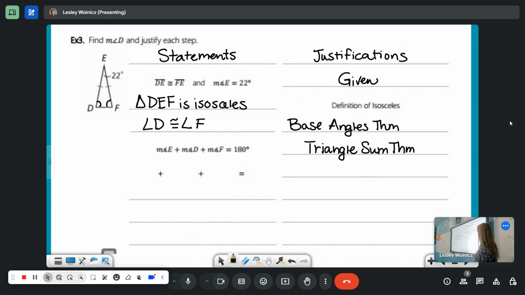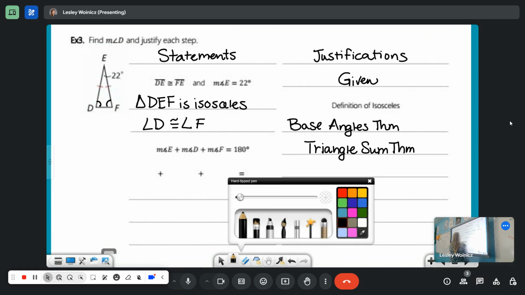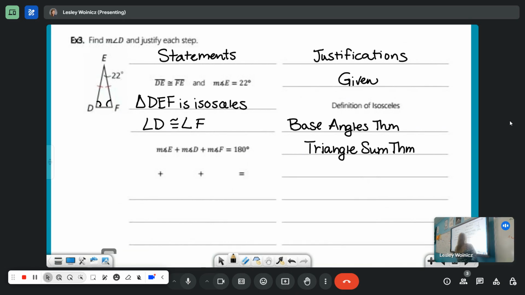I think I might have skipped a step in the proof. Okay. All right, it's not a big deal. Okay, so what do I know is the measure of angle E? Yeah. Okay. Now, I haven't written this yet, but what do I know about the measures of angle D and angle F? Okay, the angles are congruent, so the measures have to be equal, okay?